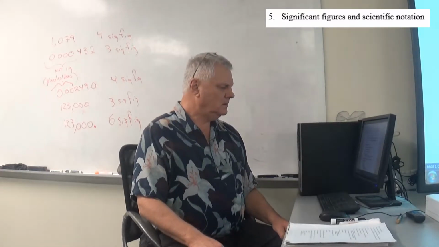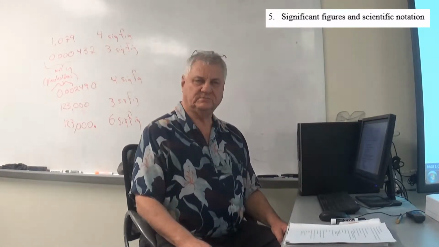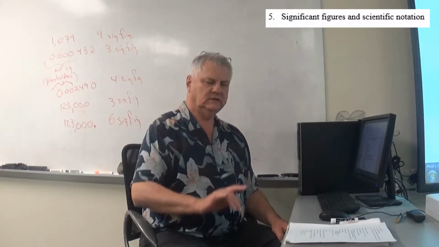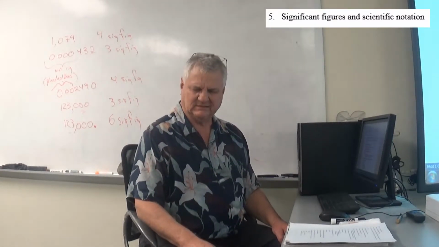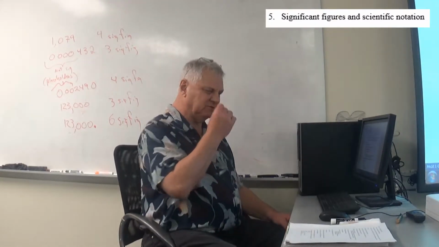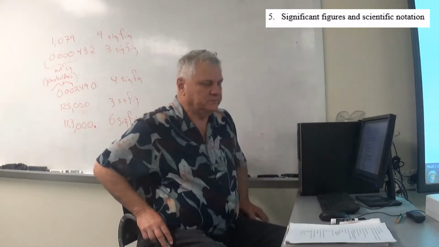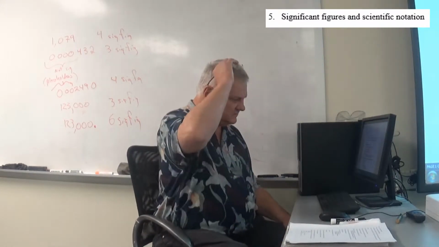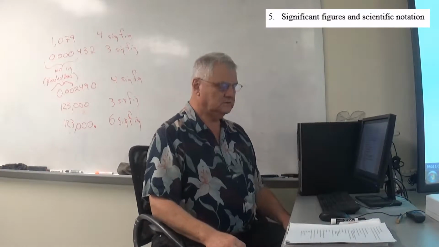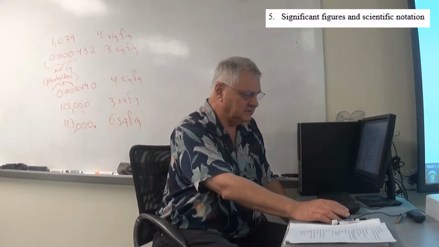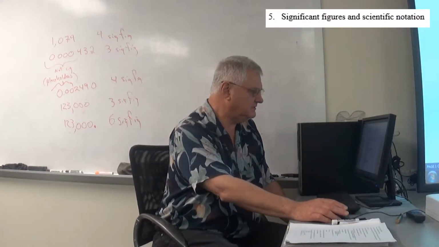Okay. Now, if it's addition or subtraction, you look at the decimal places, and whichever measurement has the fewest decimal places, that's all the decimal places you can report. So the rule's a little different for addition and subtraction compared to multiplication and division.